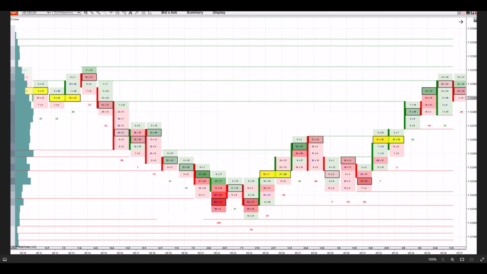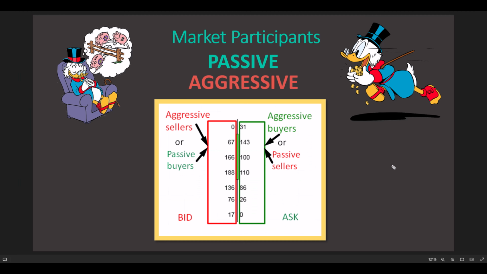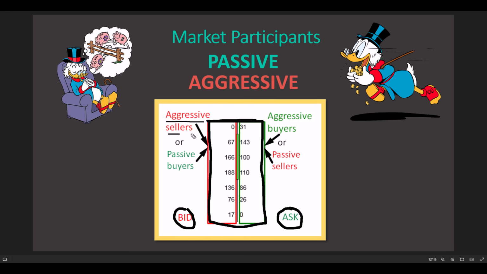Now let me show you one picture from a webinar which I had some time ago. And in here you have everything in one picture. So this is a footprint where the left side is the bid side, the right side is the ask side, and it clearly shows that on the bid side there could be either aggressive sellers entering with market sell orders, or passive buyers entering with limit buy orders.